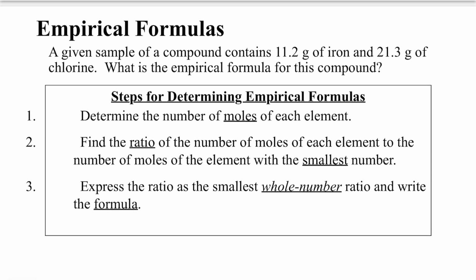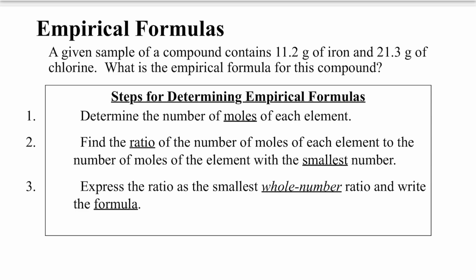So a given example would be a sample of a compound that contains 11.2 grams of iron and 21.3 grams of chlorine. What is the empirical formula for this compound? Well, the steps to figuring that out are, number one, determine the moles of each element. So we're going to have to convert from grams to moles for iron and chlorine.